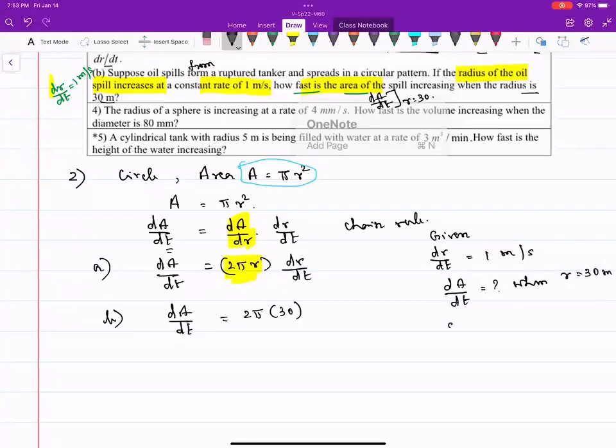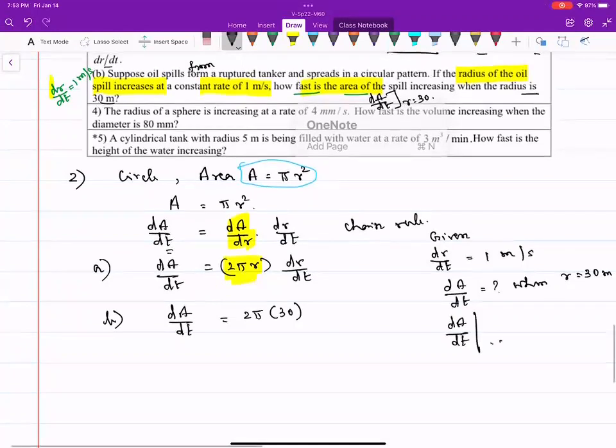In other words, dA by dt at r equal to 30 meters. So we substitute r equal to 30, and dr by dt can be replaced by 1 meter per second. So it will be 60 pi, in meter square divided by seconds. So it is 60 pi.